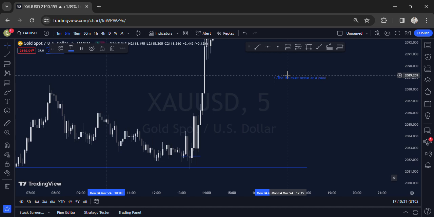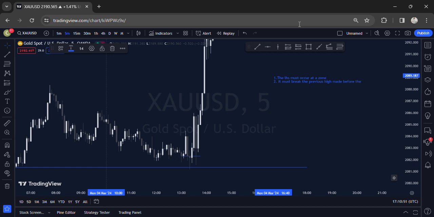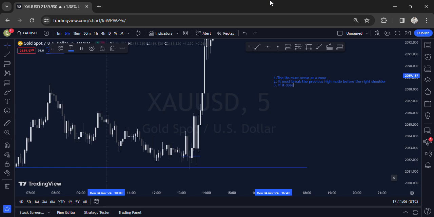Number 1, the left shoulder must occur at a zone. That's the first rule. The second rule is that it must break the previous high made before the right shoulder.